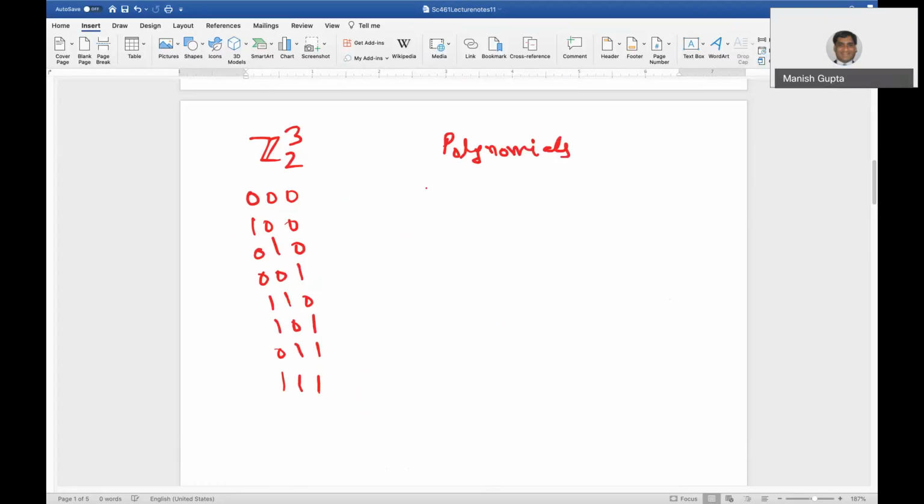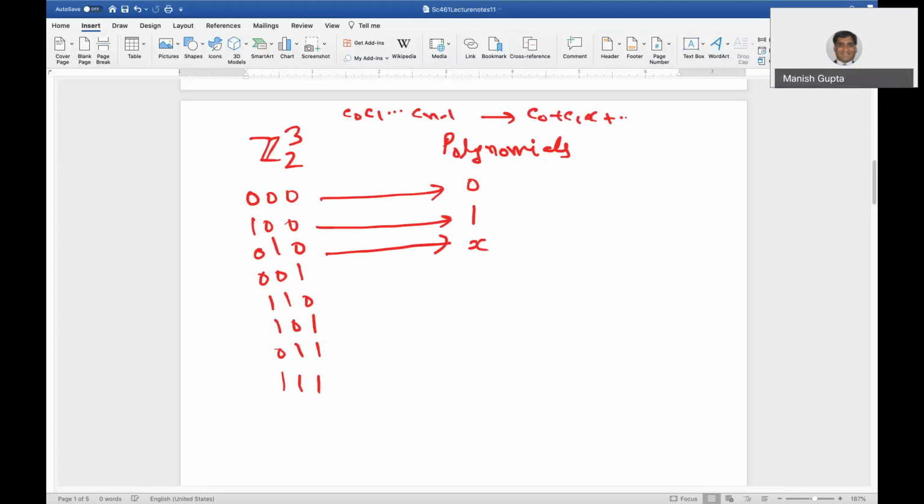if you assign the polynomials, this will be the 0 polynomial, right? Then we have 1, then we have x. So this is your 1, this goes to 0, this goes to x. What we are doing actually, if the code word is c0 c1 dot dot dot cn minus 1, the polynomial is c0 plus c1x plus dot dot dot plus cn minus 1 x raised to n minus 1.